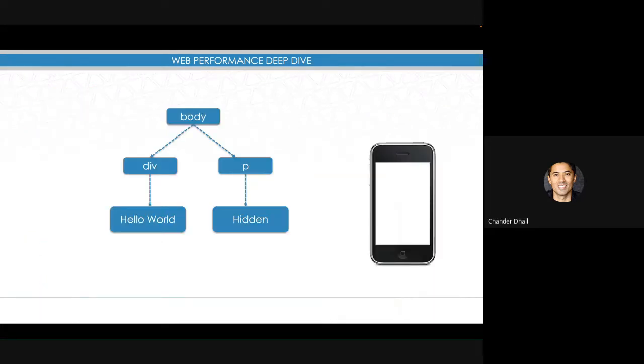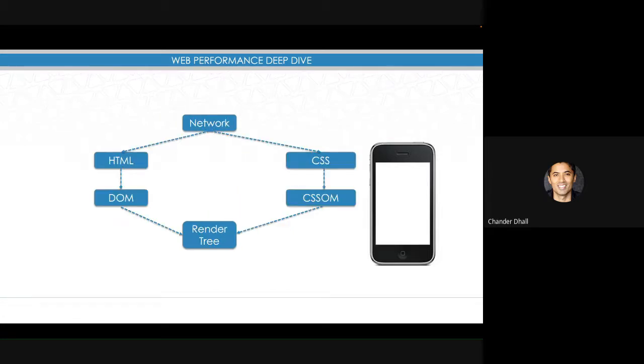I want to show you this real quick because the DOM could have something like a div with hello world, and then a paragraph which is hidden, right? So the render tree is really the most important thing. Once it looks at your HTML as well as CSS, the render tree is what gets rendered. A lot of people focus on the DOM, but the DOM is not what gets rendered. It's the render tree that actually gets rendered.